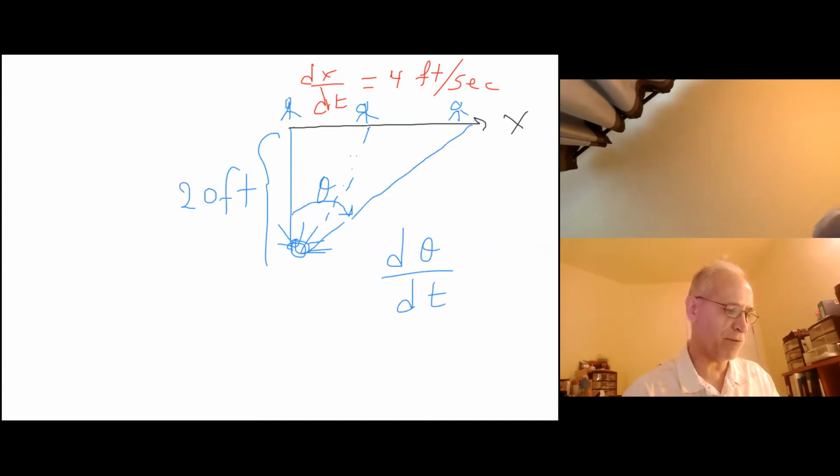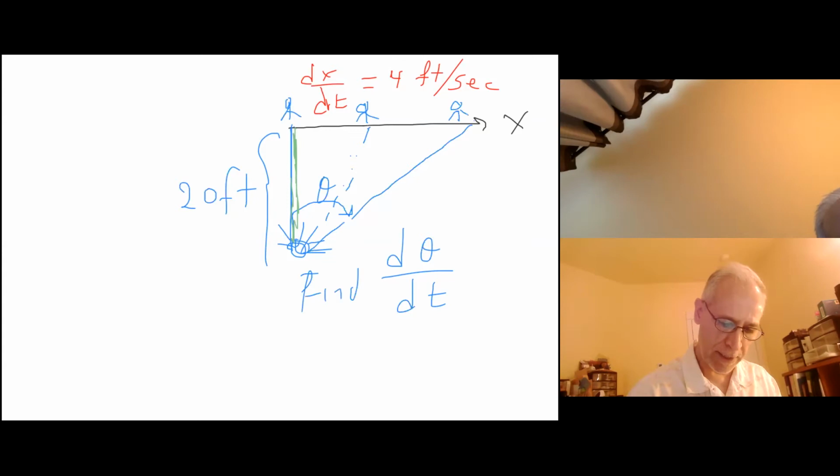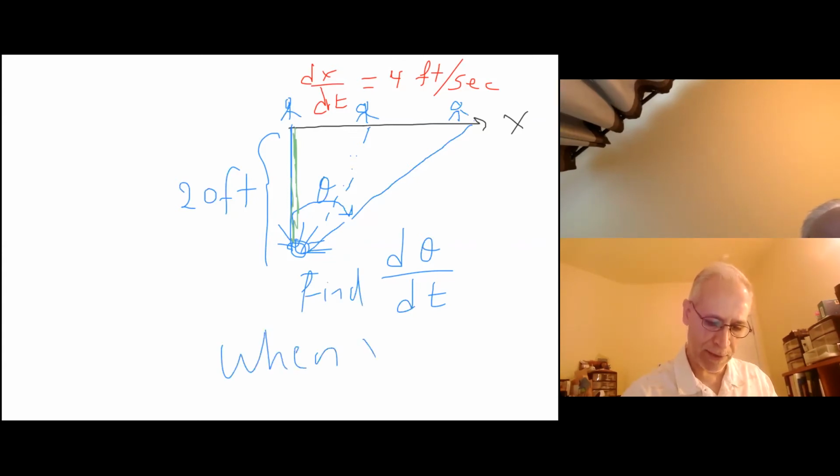When the man is 15 feet from the point on the path closest to the searchlight. Well, this straight line right here is the closest to the searchlight. So what we want is to find d theta/dt when x equals 15 feet.